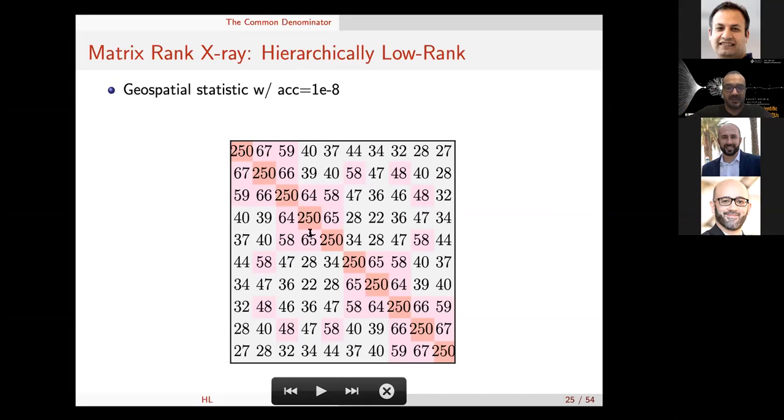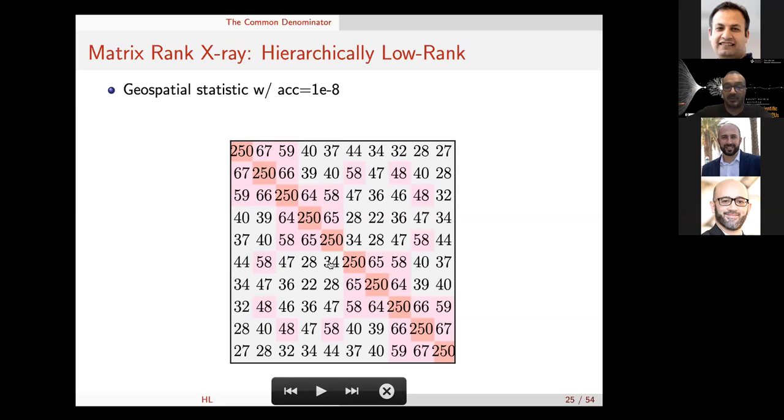What I do is an SVD on those off-diagonal blocks. And when I do an SVD, or compression, on those blocks, the number that you see here is the most significant number of singular values that needs to be retained to give you an accuracy at the end of 10 to the power minus 8. So we went from a 250 by 250 dense block to retaining only 27 singular values.